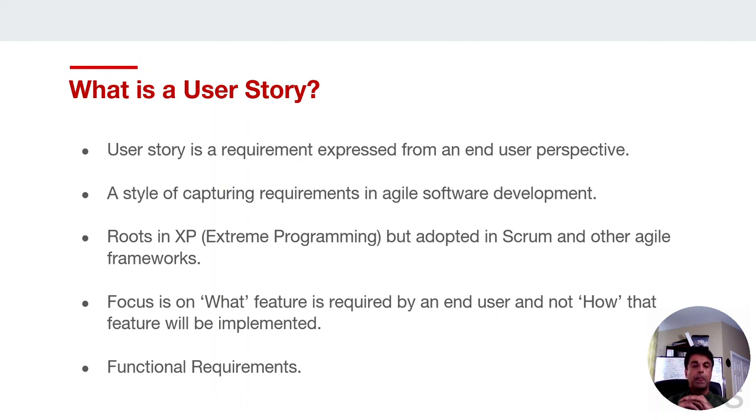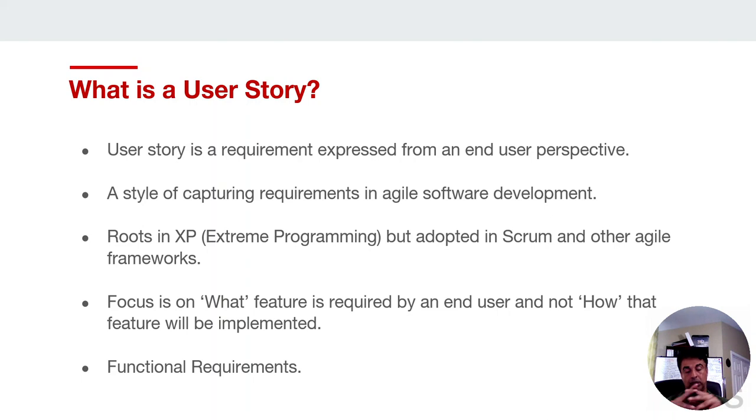Now, usually when we talk about agile, we mainly talk about Scrum, but technically, the concept of user story is coming from XP, which is extreme programming. It is one of the first agile frameworks that was invented, and the concept of writing story is coming from the XP framework, but then it was adopted in Scrum and Kanban and many more frameworks.